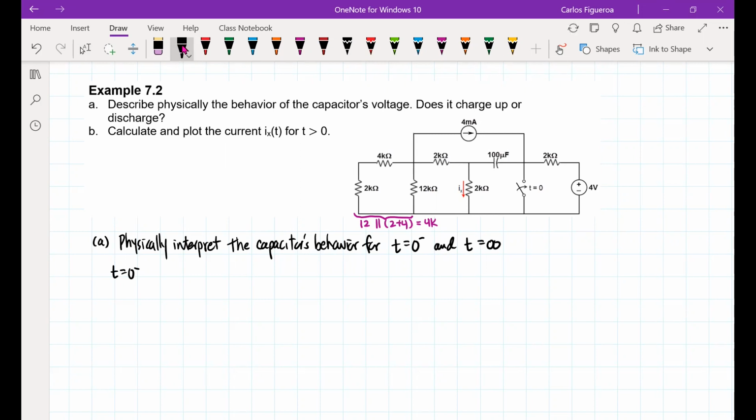So if I start to draw in what this circuit looks like at t equal to 0, I have a resistor that goes like this, I have that reduced resistor, then I have another one.